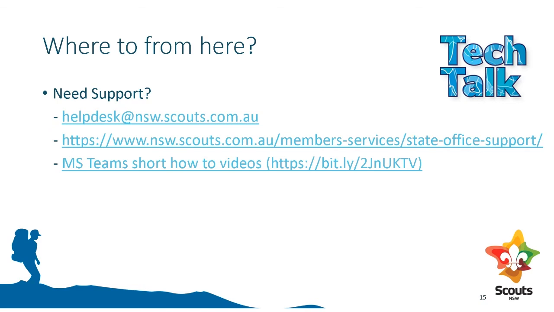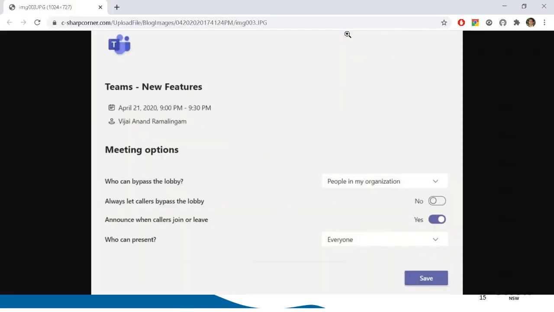All right, so here's one I prepared earlier. These are the Teams meeting options. So we're just talking about bypassing the lobby and also who can present. So just have a look in there and make those changes. I think from memory, there's the drop down there that you can only do it for people in the organisation.